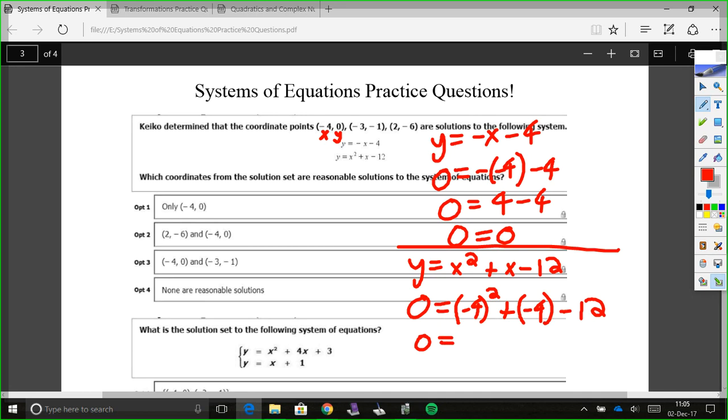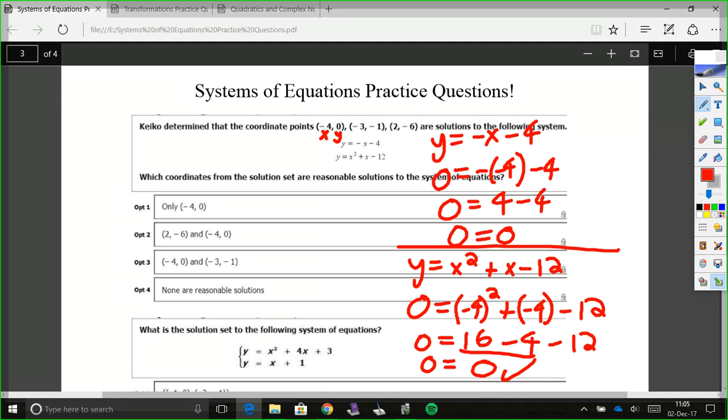So we'll have 0 equals -4 times -4 is positive 16. And then this will just be -4, and this will be -12. So we have 0 equal to 16 minus 4 is going to be 12. And then 12 minus 12 would be 0, so it works there as well. So that point works. -4, 0 works.